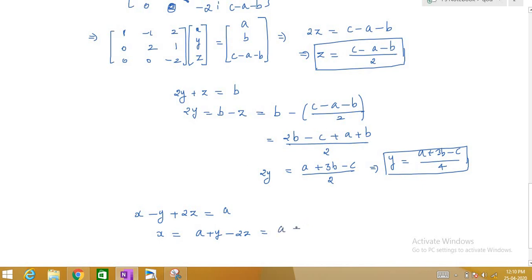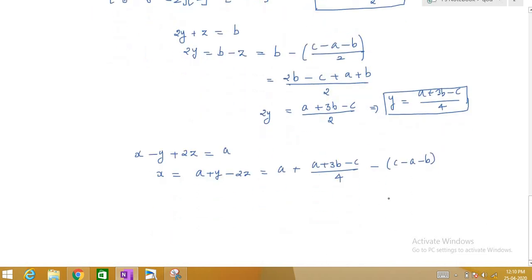So a plus our y, which is a plus 3b minus c by 4, minus 2 times z. z is here, so if I multiply this with 2, the 2 and 2 will get cancelled. So I have c minus a minus b. If I take the LCM, I will have 4a plus a plus 3b minus c, and again 4 times c minus a minus b by 4, right?